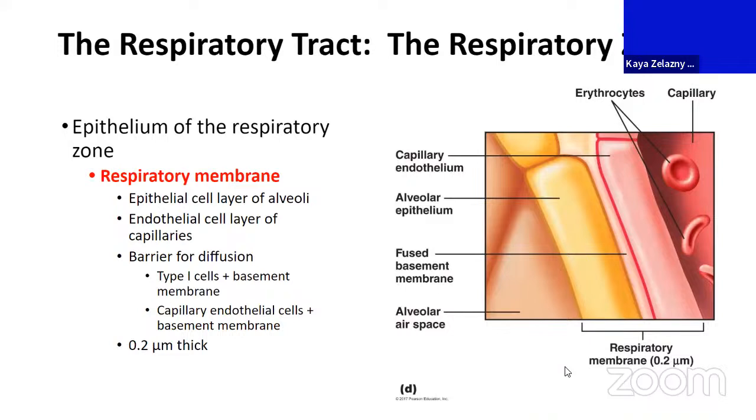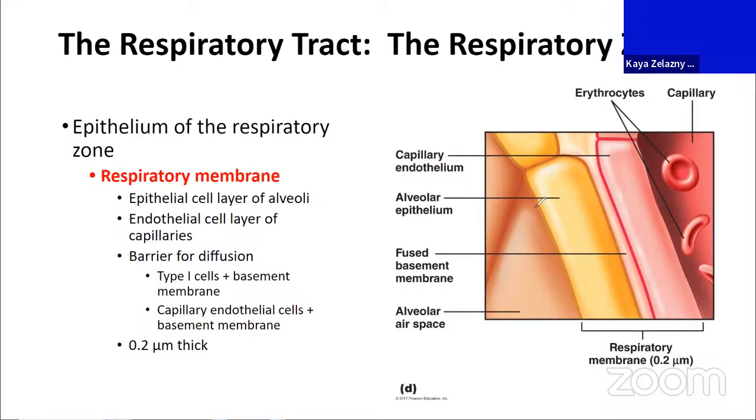Zooming in deeper here, we are looking at the respiratory membrane now. So these are those same cells that I circled on the image before. So here we have that type 1 alveolar cell, the alveolar epithelium, right? And here we can see it pressed up right against the endothelial lining of the capillary.